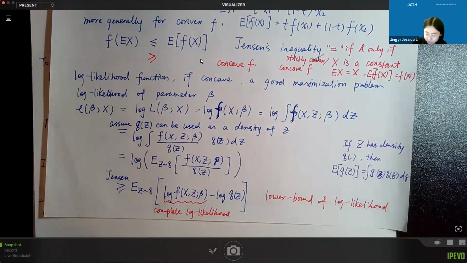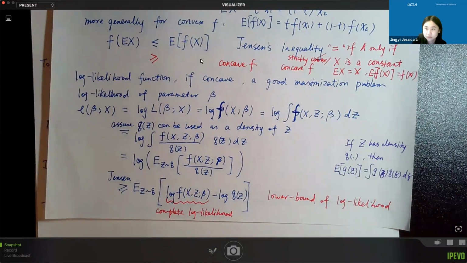But the optimization problem is usually not easy. Like we have seen with the brute force approach, that's computationally very intensive. So the EM algorithm provides a very smart way to optimize the log likelihood via this MM approach, minorization-maximization. That's the whole story.